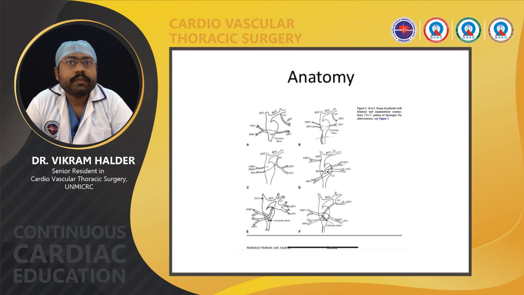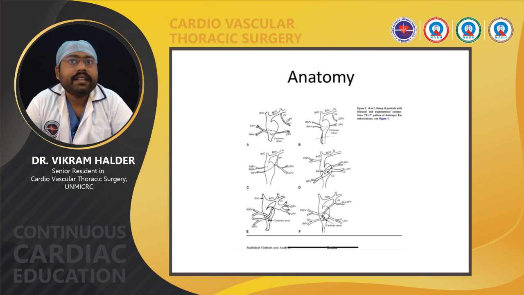Now the 3+1 configuration, where there are 6 types. In one, the right upper pulmonary vein, right lower pulmonary vein and left lower pulmonary vein are draining into the coronary sinus, and the left upper pulmonary vein is draining into the innominate vein.